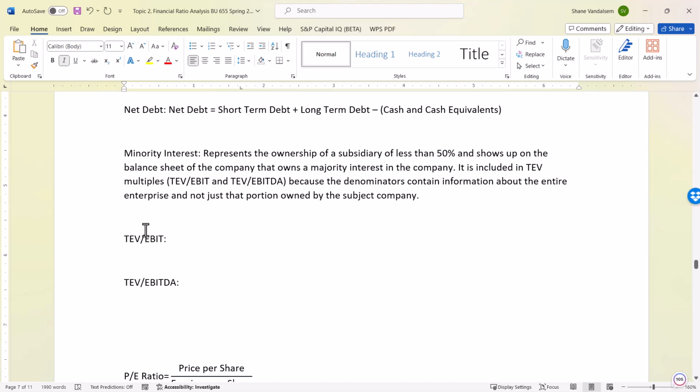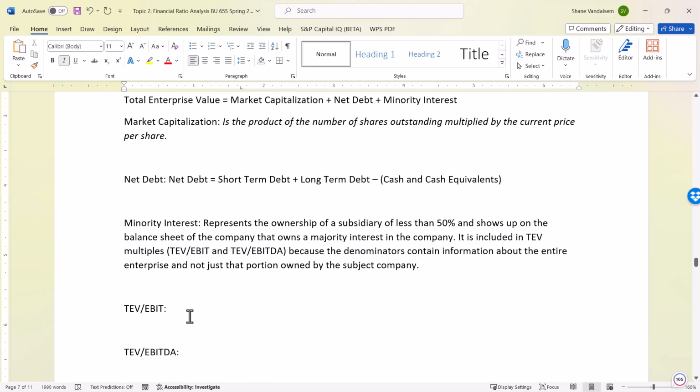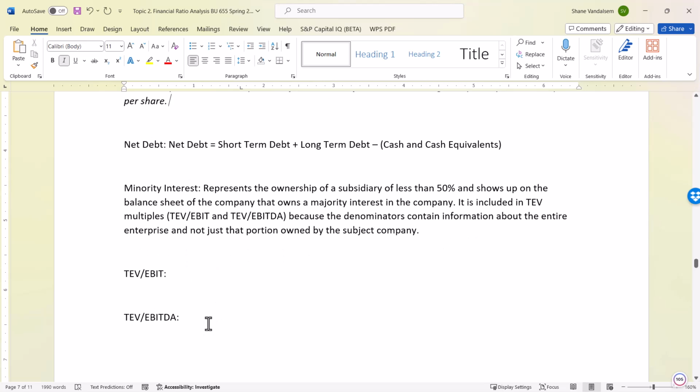So we have here the total enterprise value divided by EBIT and the total enterprise value divided by EBITDA. The first one here, we've talked about this before. EBIT is the operating profit of the company.